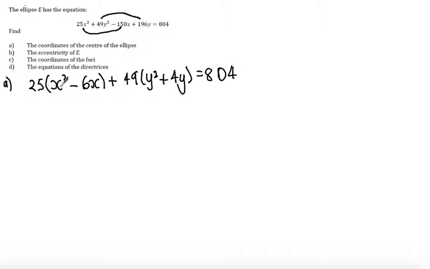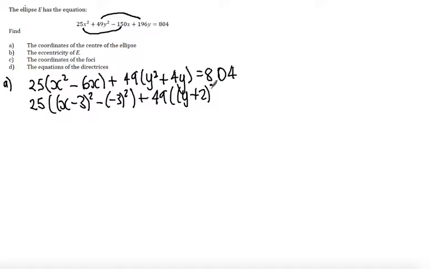So, complete the square inside the bracket. I get 25 (x minus 3) squared minus the constant inside the bracket, so minus 3 all squared, plus 49 (y plus 2) squared minus the constant inside the bracket, 2 squared, equal to 804.